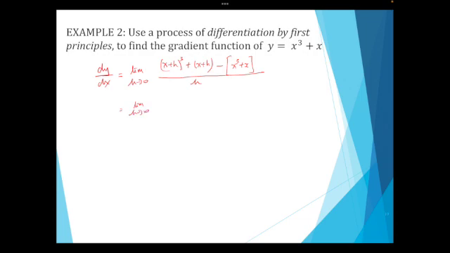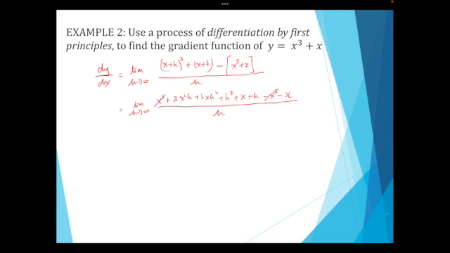Expanding it, I've got x cubed plus 3x squared h plus 3xh squared plus h cubed plus x plus h minus x cubed minus x, over h.